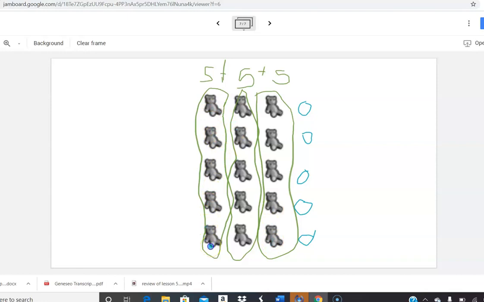Since there's 5 in each column, you would need to add 5 if you were going to add another column. So we got 1, 2, 3, 4, 5. Now, how many columns do we have? We have 1, 2, 3, 4. We have 4 columns now, which means we would say plus 5, plus another group of 5.